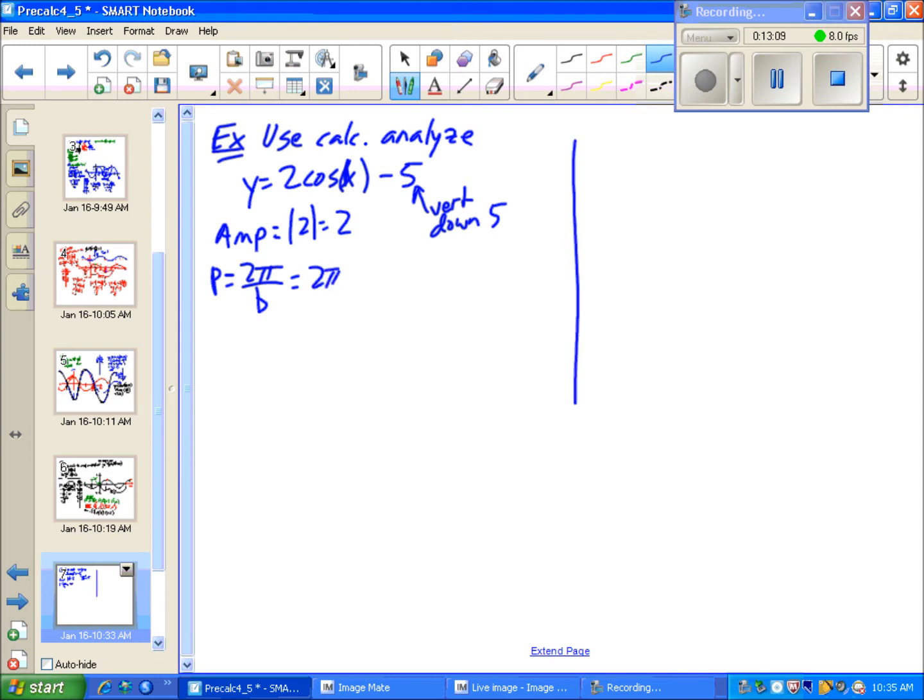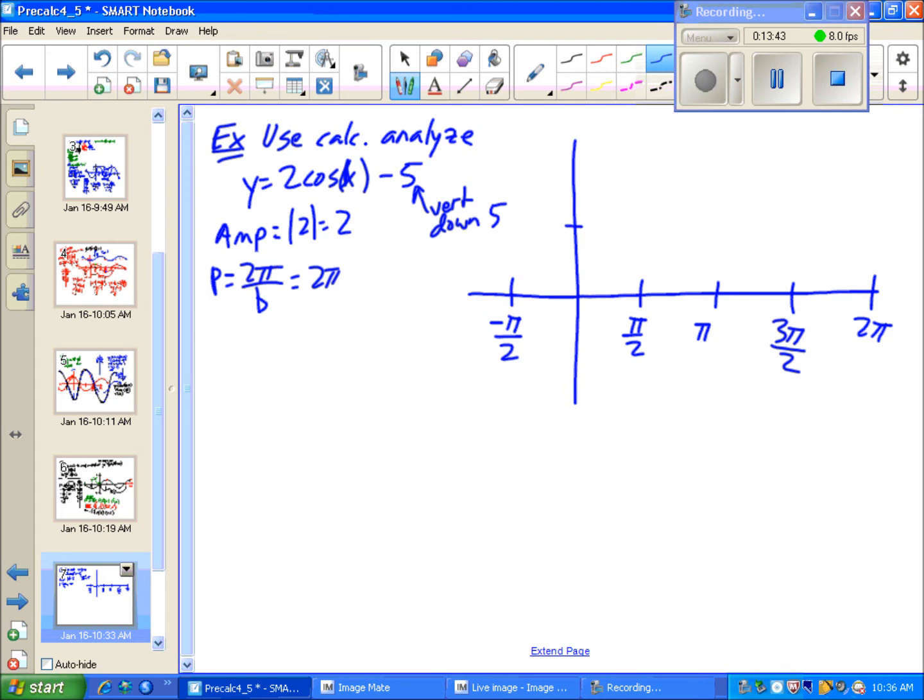When you're doing this, which function are you thinking of? The parent function, cosine of x. Let's plug in 0 again. Oh, and I'm sorry guys, your period's 2 pi here, so let's split that up again into 4 equal parts. I like to do it that way. So in this case: pi halves, pi, 3 pi halves, 2 pi.